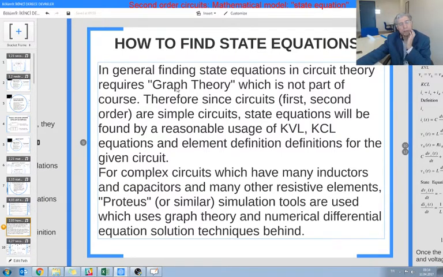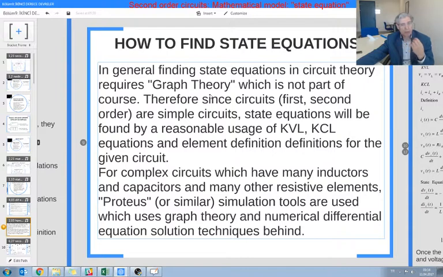Graph theory is not part of this course. Why is it not part of this course? Because simulation tools similar to Proteus use the graph theory behind the scenes in order to find the differential equations or state equations that we need to analyze the circuit.